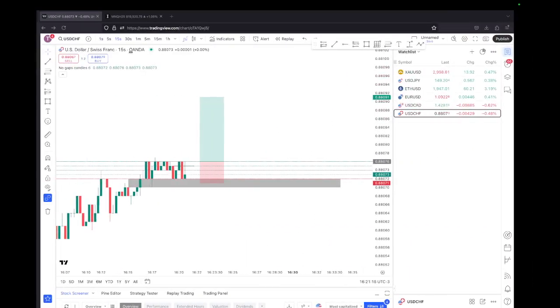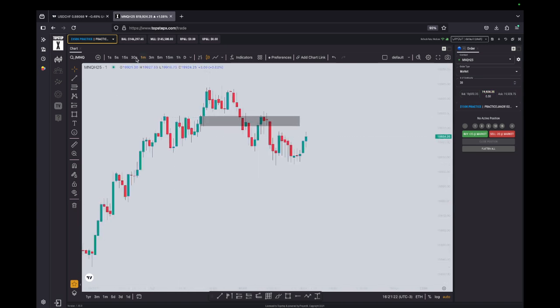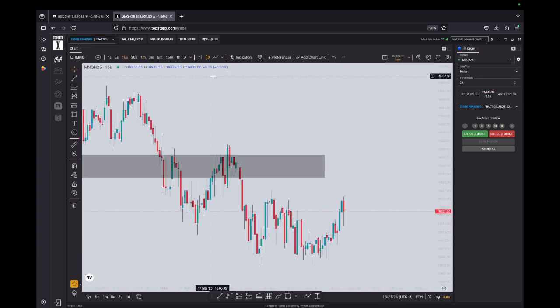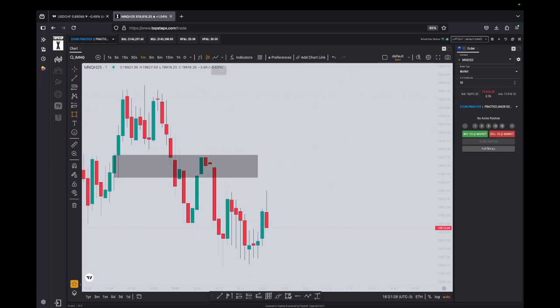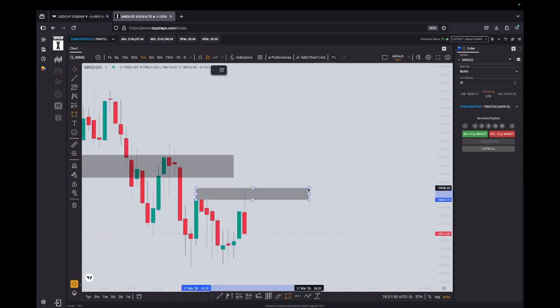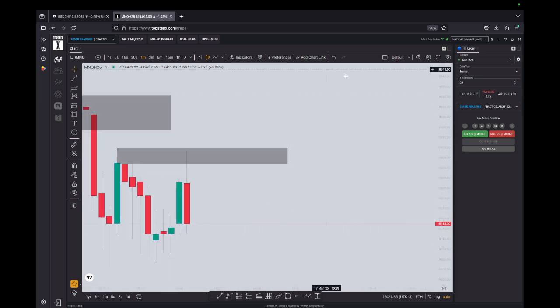But on my practice account, let's see. On my practice account, right? Very nice and fast. This is a resistance. Market is rejecting off of that resistance, not really breaking any support yet. So this is still bullish in my opinion. So the 1 minute needs to break.